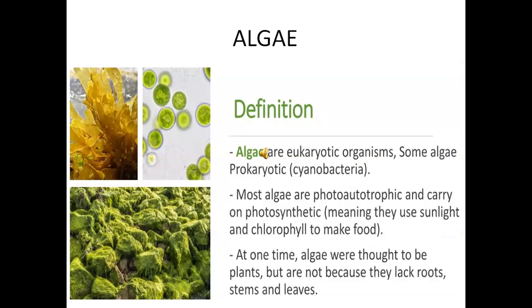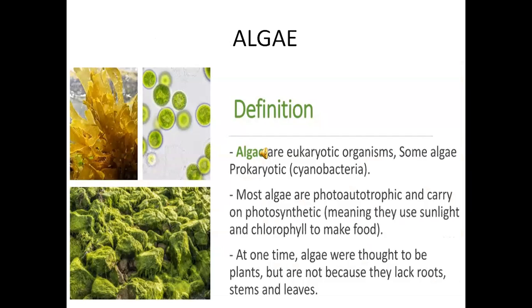Algae. The algae plant body is a thallus, not well differentiated into root, stem, and leaves. They are permanently aquatic. They are unicellular or multicellular filamentous, for example, Chara. Algae are eukaryotic organisms, though some algae are prokaryotic.